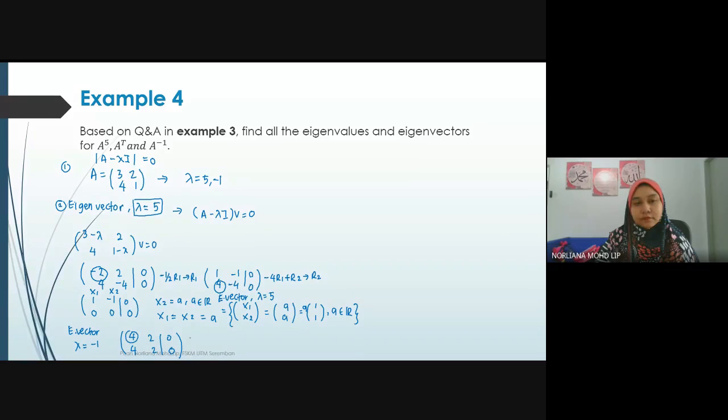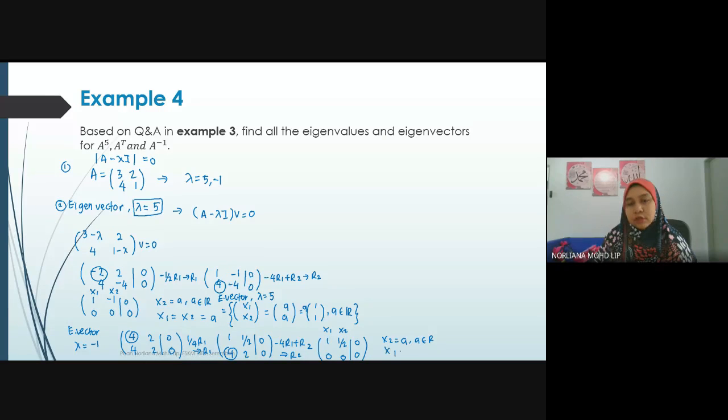Then equal to 0. So we have x2 equal to a, and a is any number.